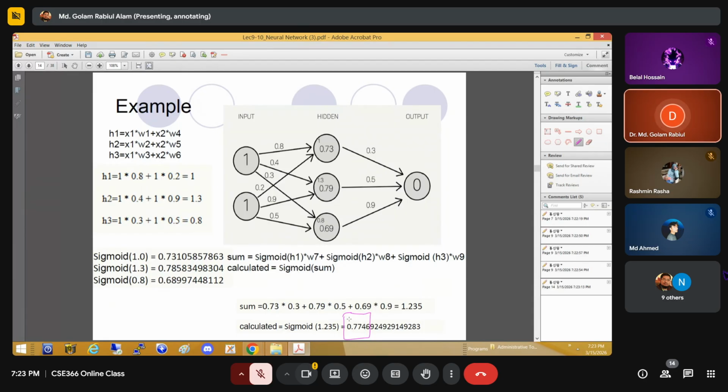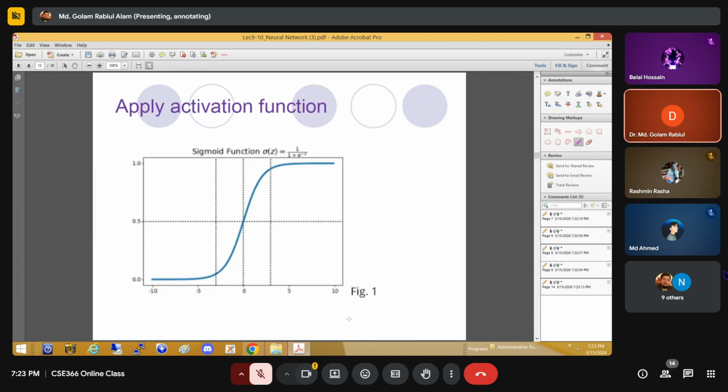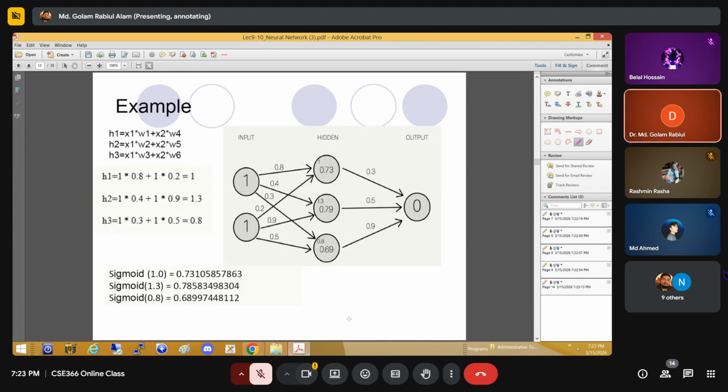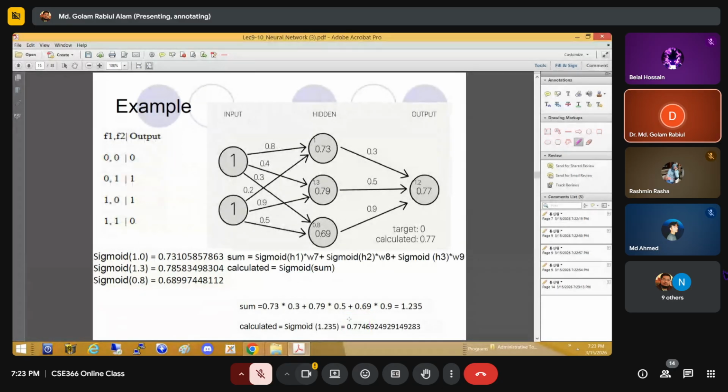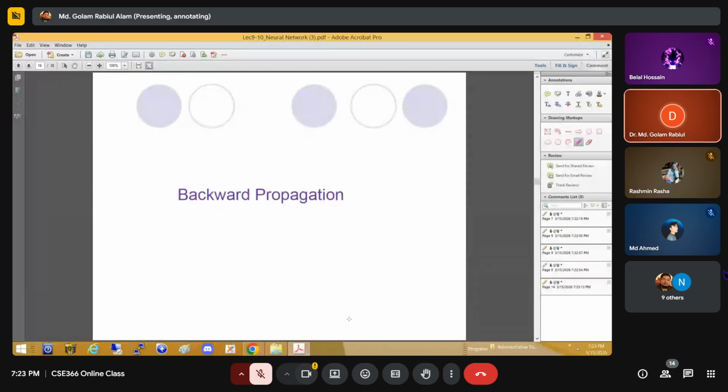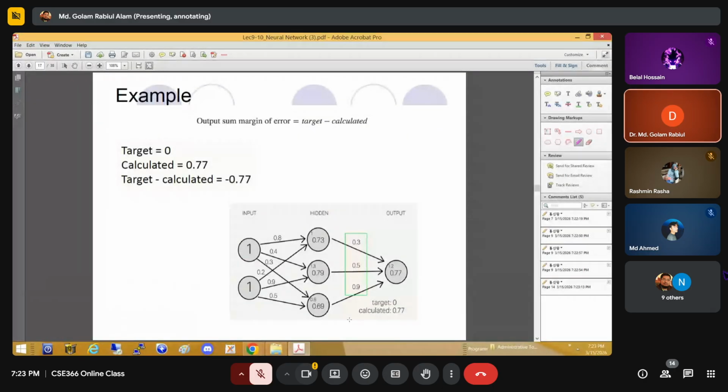And we have already discussed the internal computation performed in each and every neuron, specifically in the hidden layer and output layer. We also discussed the activation function, specifically a sigmoid function, to make the linear equations nonlinear. After that we started the backpropagation.